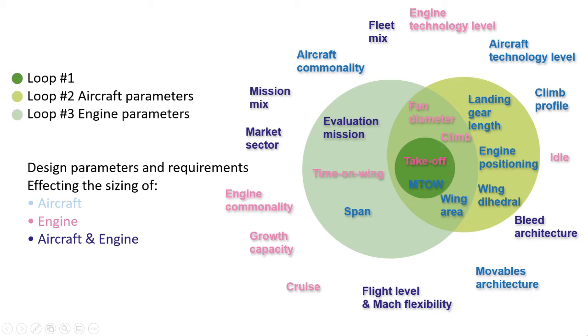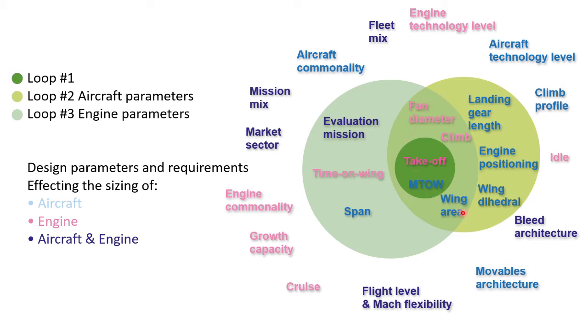The loop number 1, which is represented by the dark green color, contains the parameters of the engine in pink and aircraft in sky blue. MTOW stands for maximum takeoff weight.